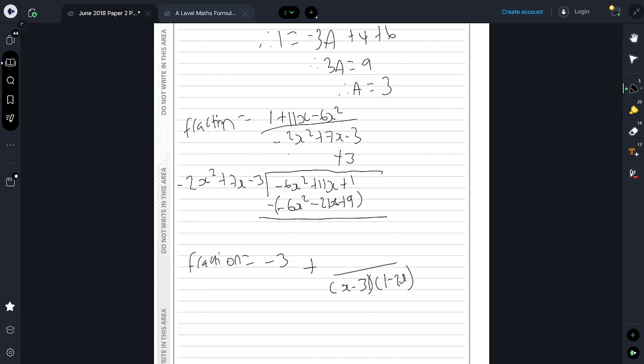Because then you have -6, add 6, which goes to 0x squared. 11, and then that would be plus, and that would be minus 9. 11 minus 21, that should give minus 10. And 1 plus 9 will get you plus 10. So that would be 10x. No, 10 minus 10x, sorry.